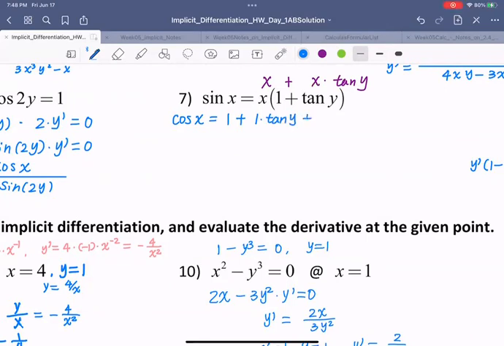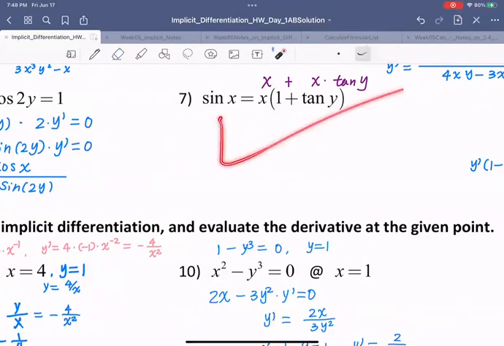Tangent y, and then plus the derivative, which is secant squared x. You copy down secant squared y, times secant squared y. And then times the y derivative. That's it. Excellent. Everybody, any questions so far? No? Everybody do this question by yourself.